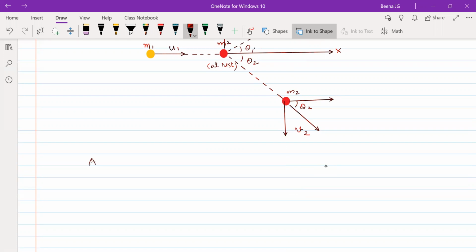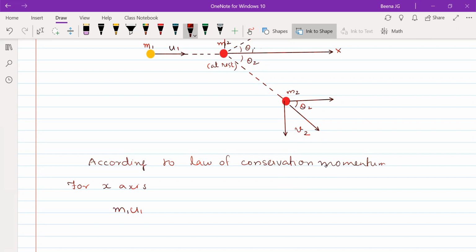According to conservation of momentum, first of all, let us write for the x-axis. Initially the particle is moving along the x-axis, so the initial momentum we can write as m1 u1. And m2 is at rest, so that won't contribute anything.